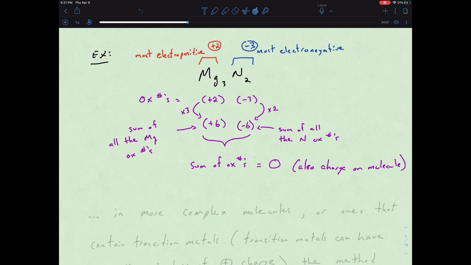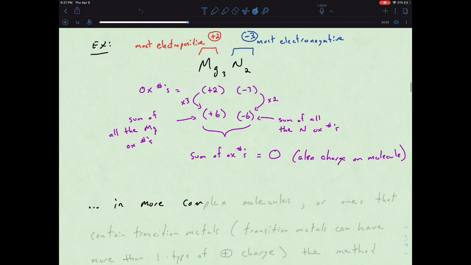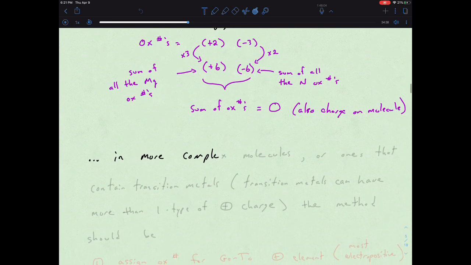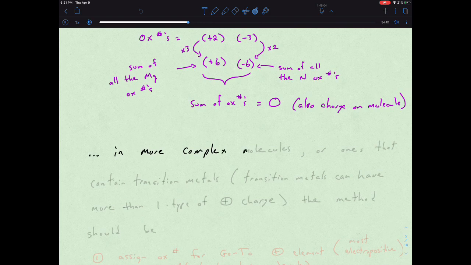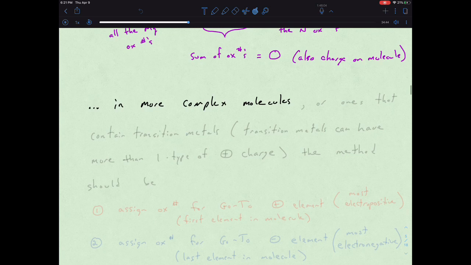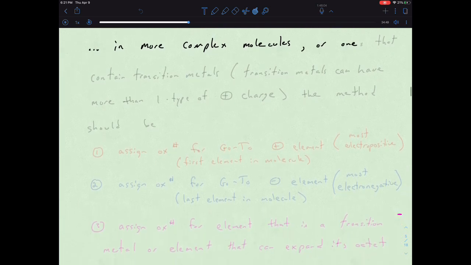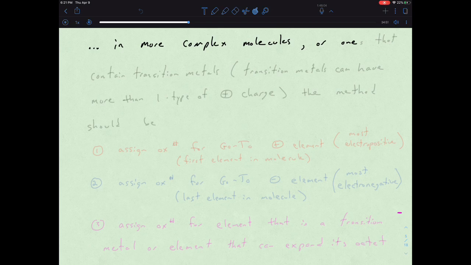So now in more complex molecules, or ones that contain transition metals.